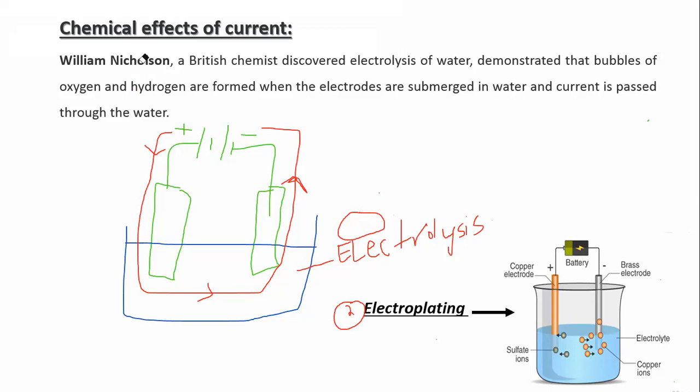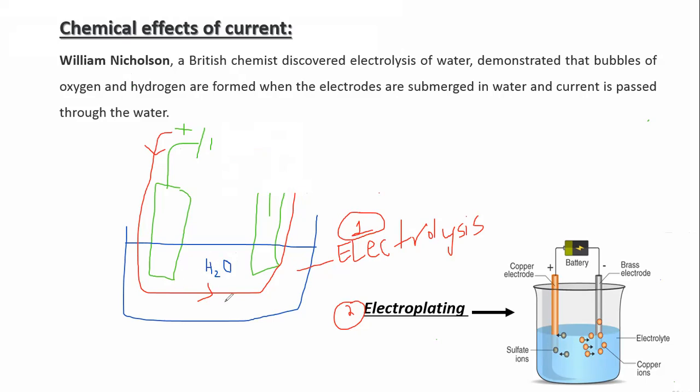What is electrolysis? Basically, electrolysis is nothing but the breakdown of H2O molecules into H positive and OH negative. The ionization of water molecules is known as electrolysis. Not only water molecules, but any liquid component which gets broken down or polarized due to the presence of current, the process is known as electrolysis.